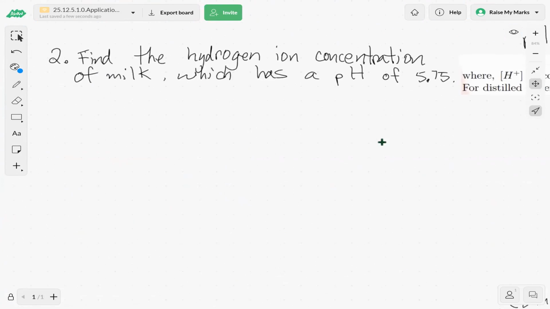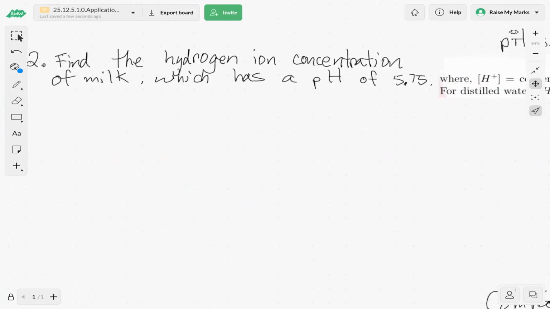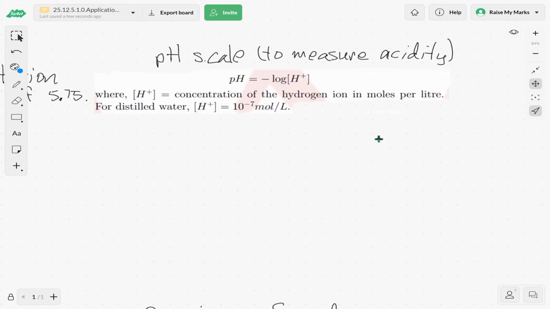Let's look at the second one. Find the hydrogen ion concentration of milk, which has a pH of 5.75. So I'm going to scroll over to the right. We're going to look at the pH scale to measure acidity of liquids. So this pH scale has this nice relationship. So the pH of whatever we're measuring equals negative log of H positive.